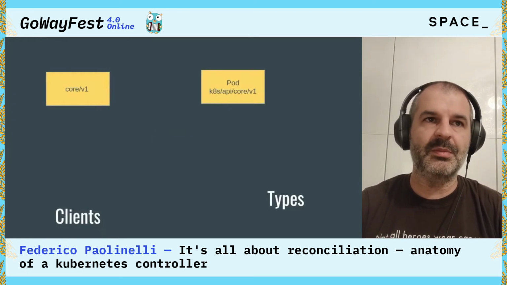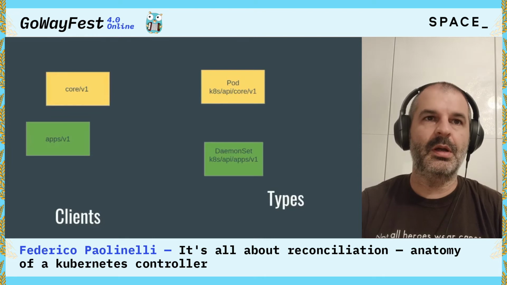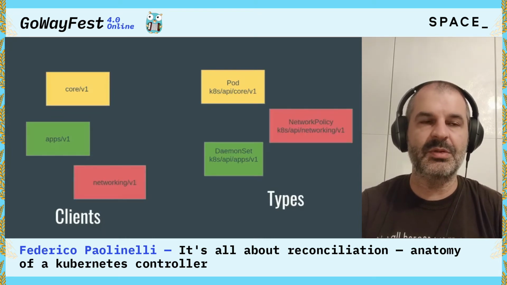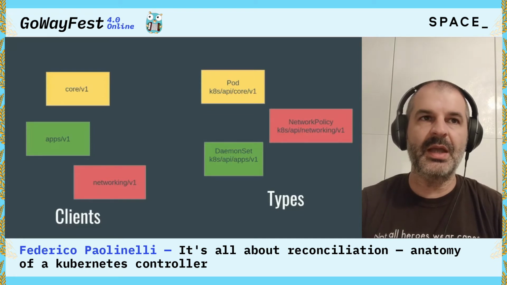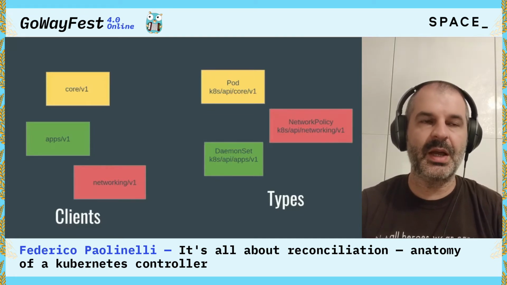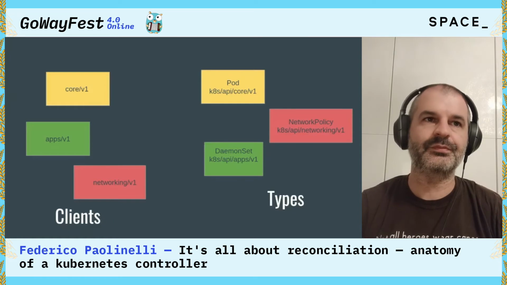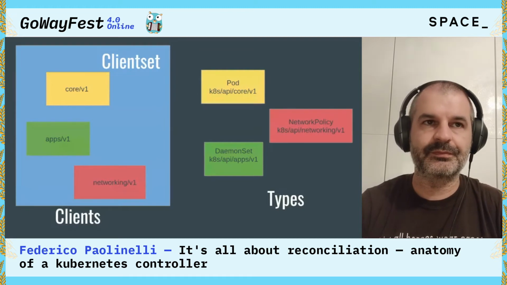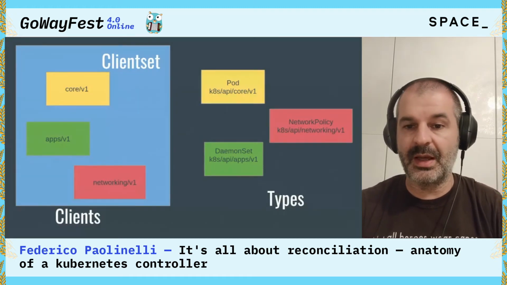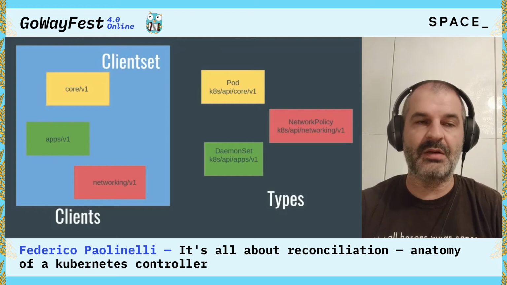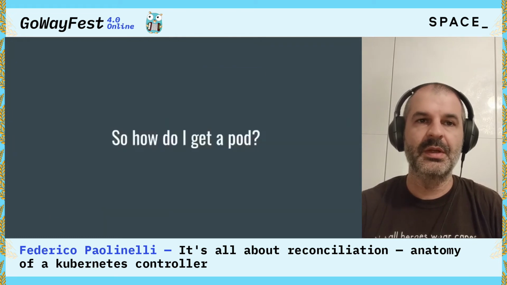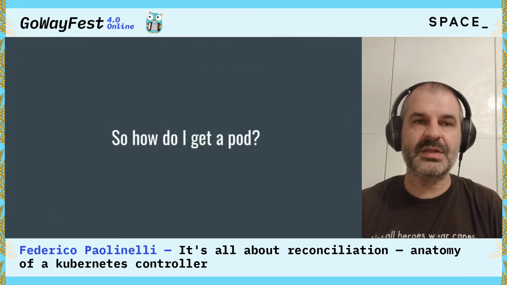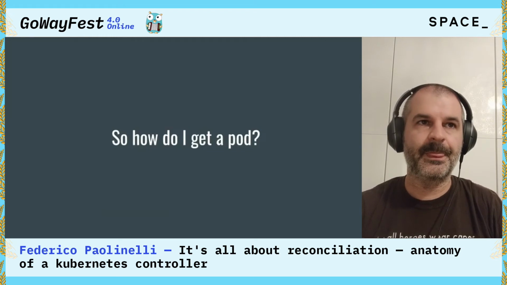For example, pod belongs to core, daemon set belongs to apps, network policy belongs to networking, and each API group has its own client. And all of them are collected together in a client set. Okay, and the client set is the object that allows you to interact with the cluster. So back again to the original question, how do I get a pod?